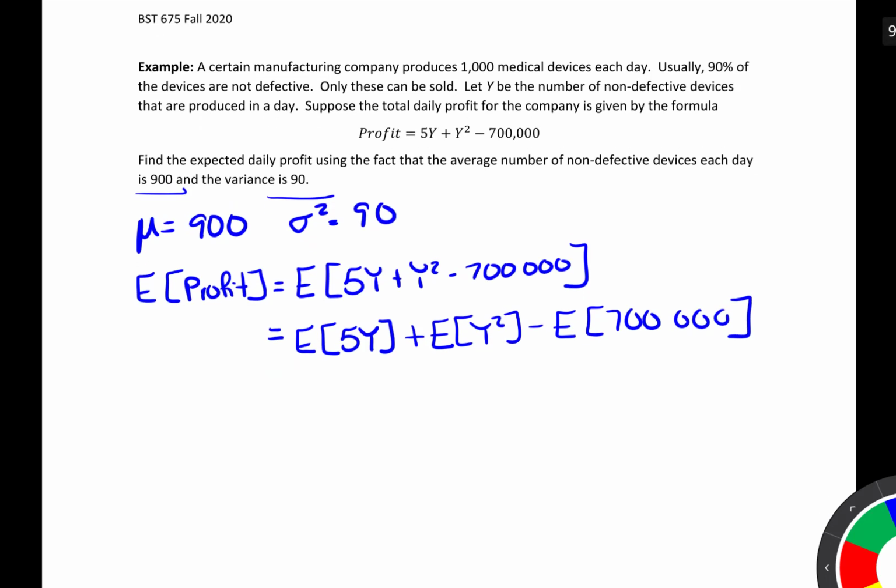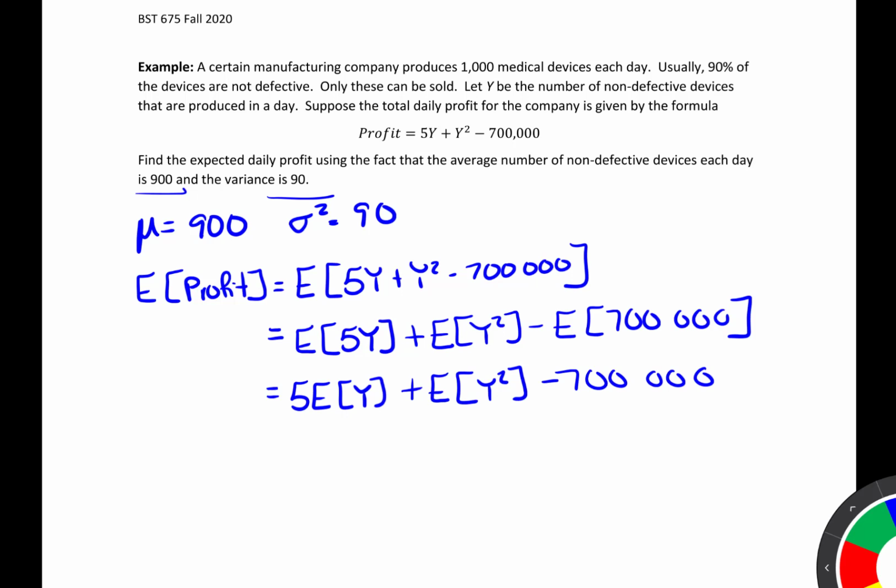And then using one of the other theorems, remember if we have a constant, we can bring the constant outside of the expected value. And then the expected value of a constant is just the constant.